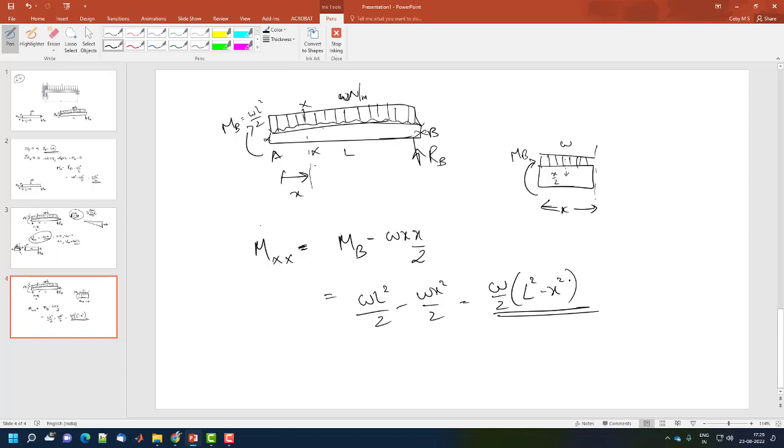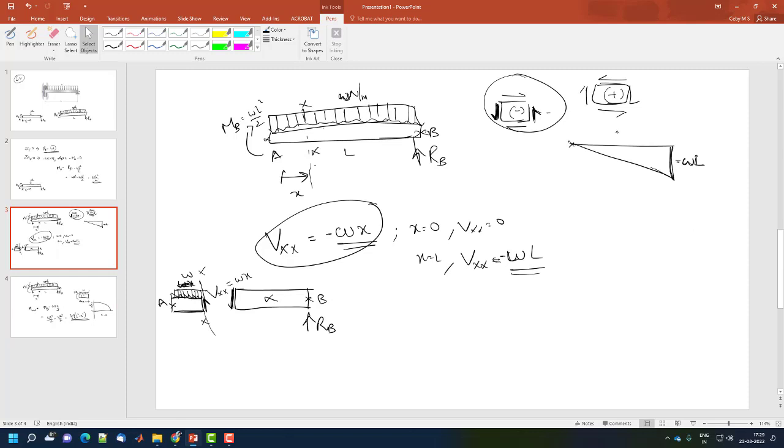Thereby you can draw this particular moment diagram like this. At X equal to L, it is 0.